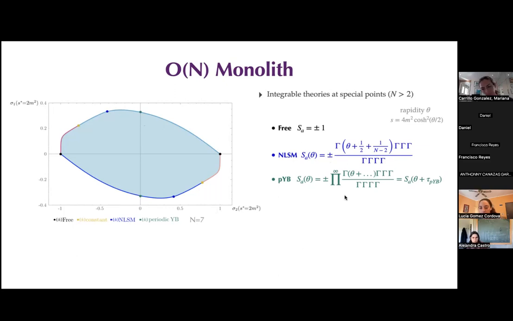It's similar to the nonlinear sigma model S matrix, but it has some infinite product of these gamma functions. And we call it periodic Yang-Baxter because it satisfies this property that in the rapidity variable, it is actually periodic in real theta. So in some parametrization of energy with a given period that depends again on N of O(N).